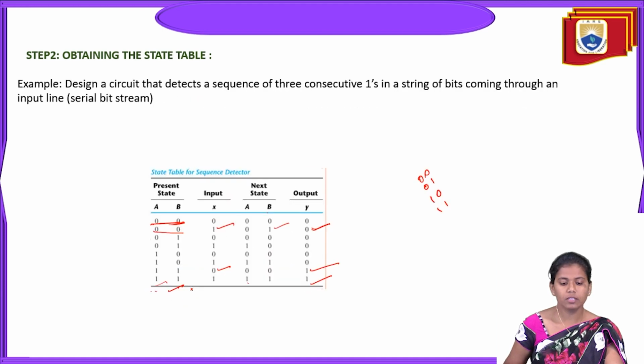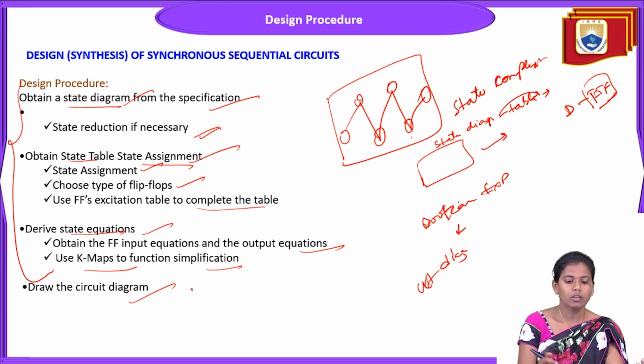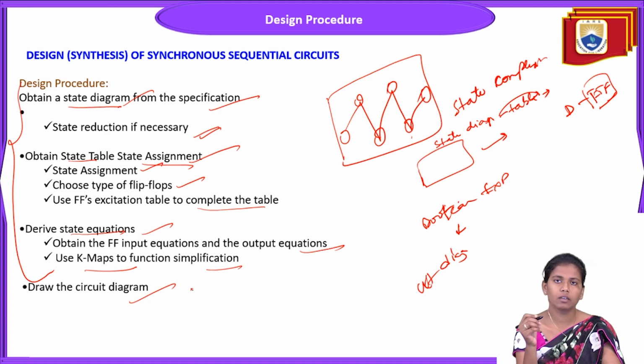So when it comes to the synthesis process, always remember there are 5 steps to go on. The first step is the state diagram. If your diagram is complex, then you can have another choice to reduce it by using the state reduction technique, and then go on with the state table and the state assignment. Soon after the state diagram, you have to draw the state table.